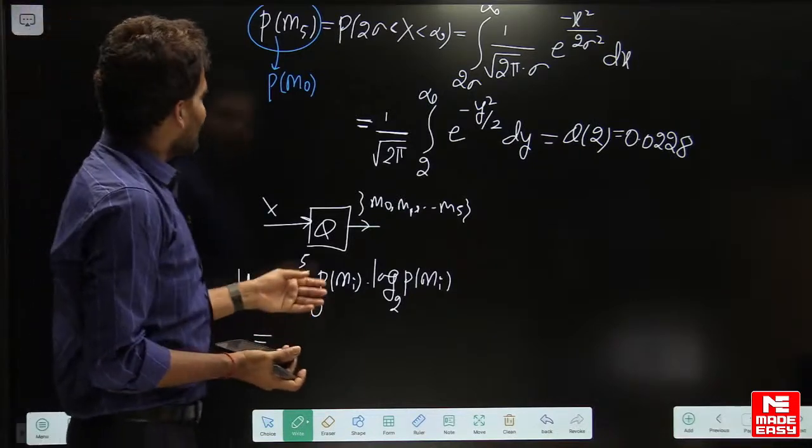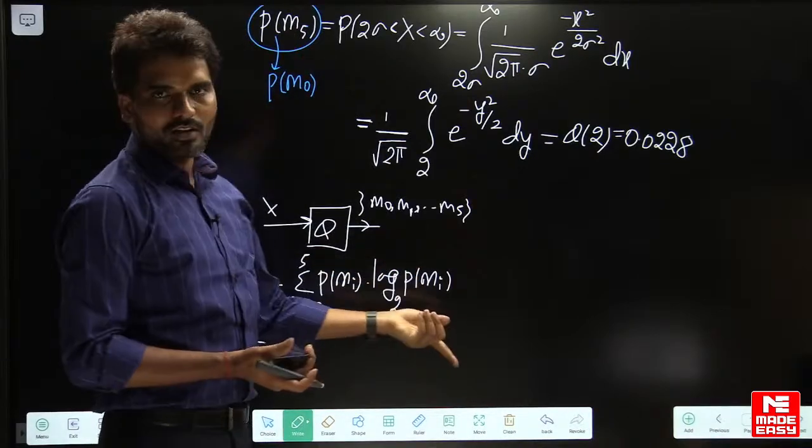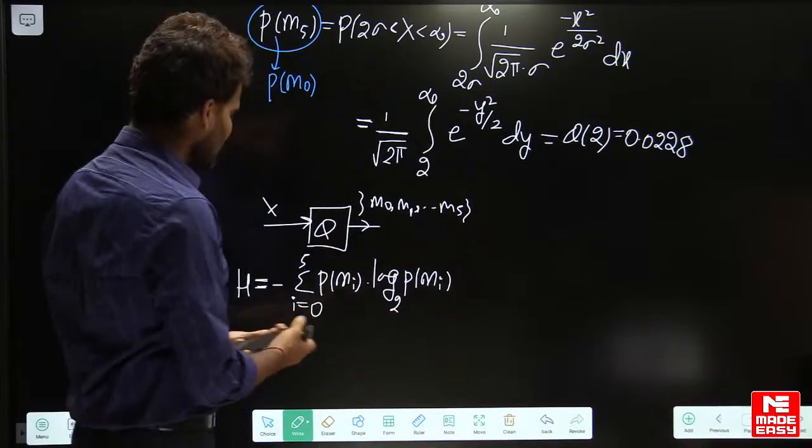If you substitute these things, here Pm0 log Pm0 will be same as Pm5 log Pm5. That is repetition only, so 2 times you will get.